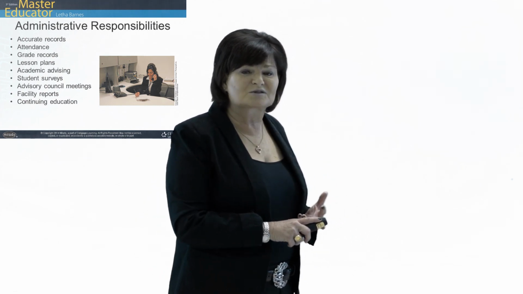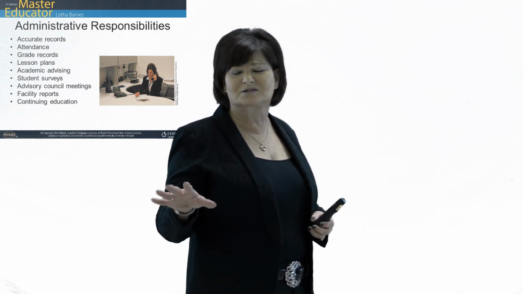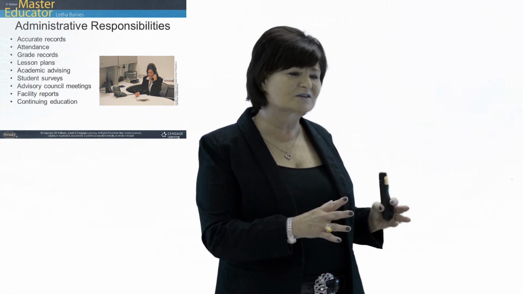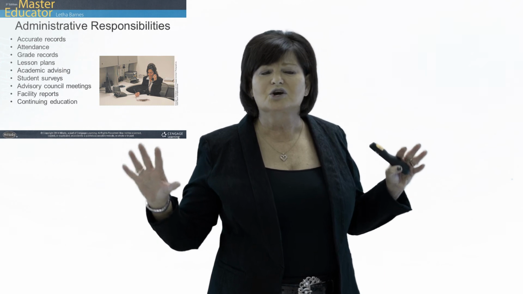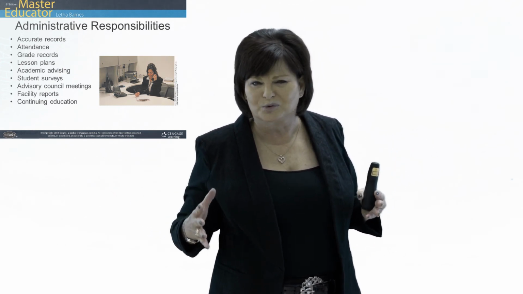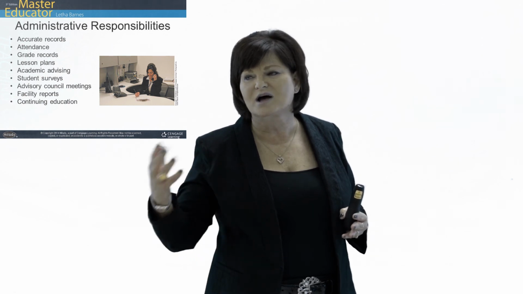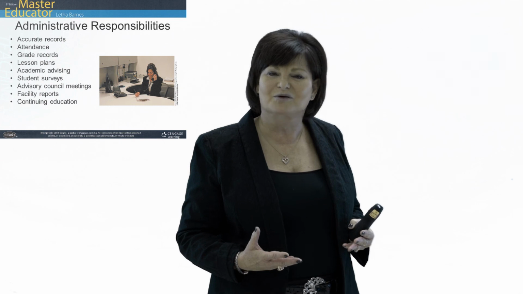There are advisory councils, and this is something that regulators actually make sure that you have in place. An advisory council is where industry leaders from salons come into your school and look at your process, look at your materials, and give you feedback on what the industry needs from the student, and what they get from the school.